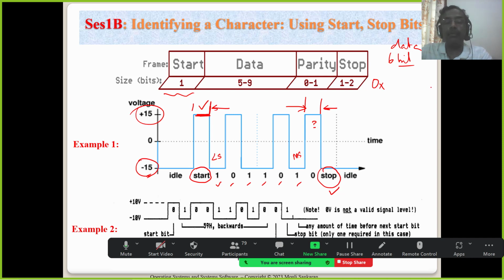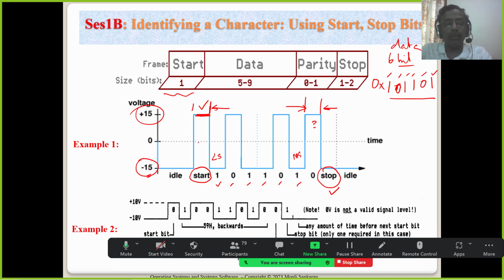Suppose I have given you a value like this, LS bit would have been here: 1 0 1 1 0 1. That means 6 bit data is correct. Now you are sending the 1 first, then 0 next, then 2 ones, then 0 1. How do you send it?